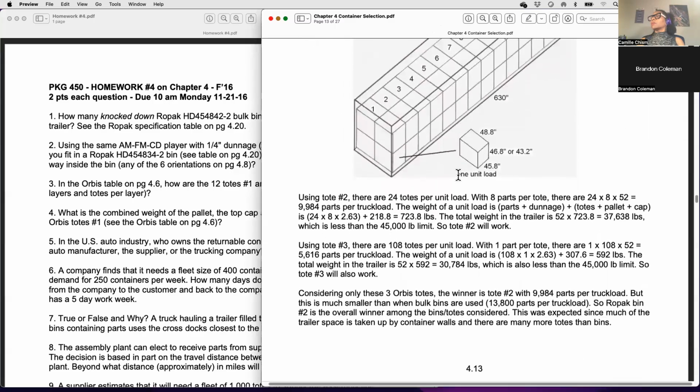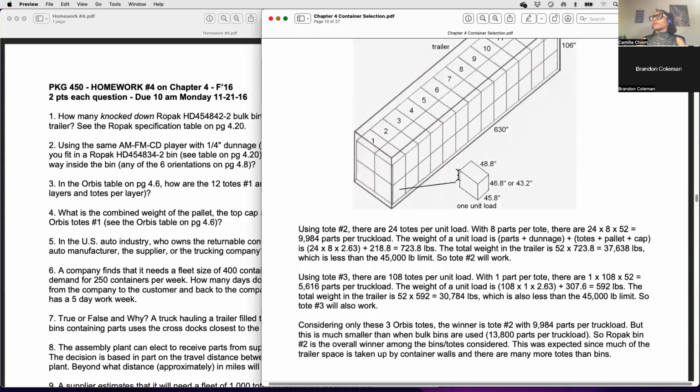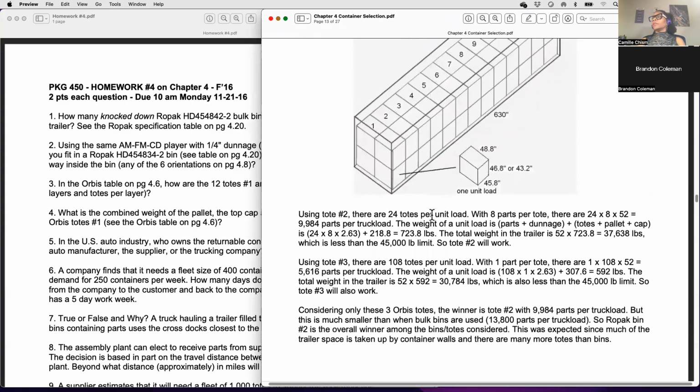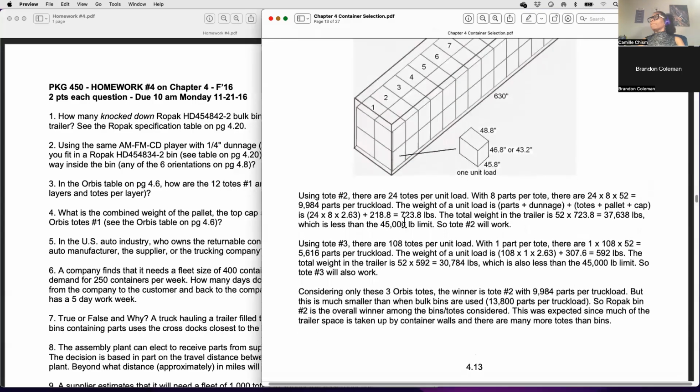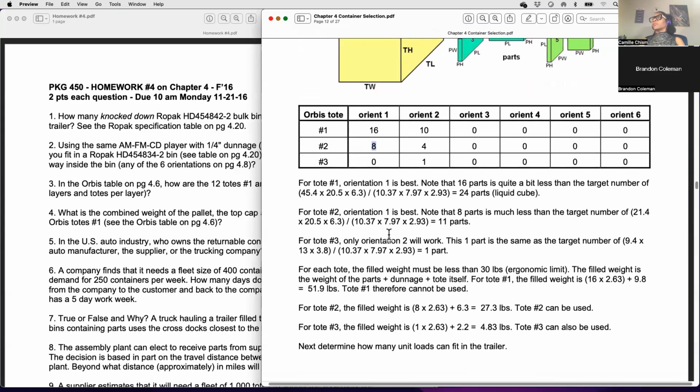Okay, so for tote number 2, again, we're back to totes 2 or 3, right? For tote number 2, you can get 24 totes per unit load, basically on a pallet. So you look at that pallet pattern. And then for that tote, we go back to that table, and we see we get 8 parts per tote.